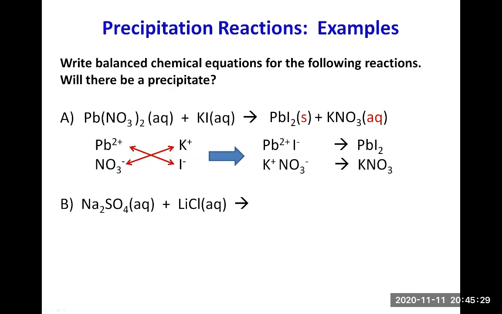Let's look at the second example. We have Na2SO4, an aqueous solution, and LiCl, another aqueous solution. So let's write the ions that are in those 2 compounds.